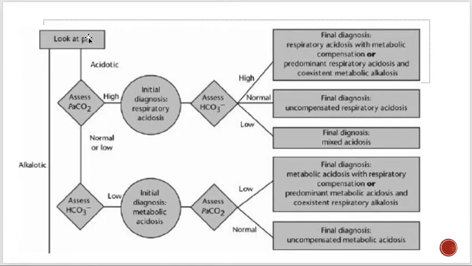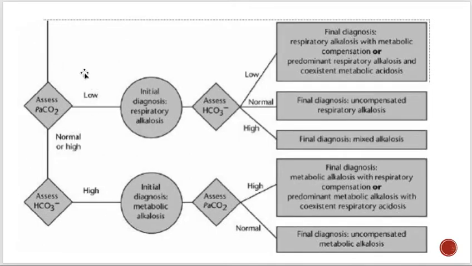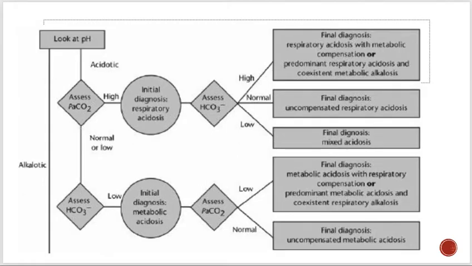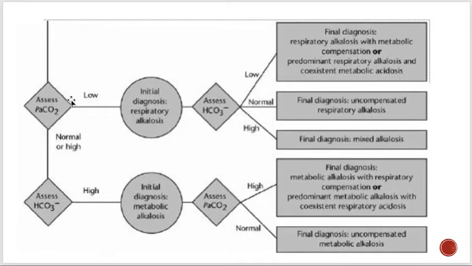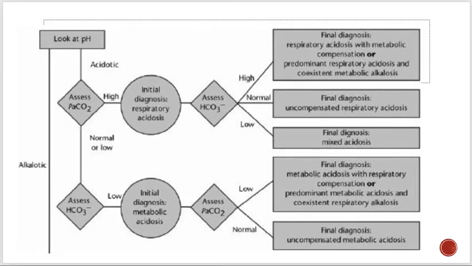If the pH is acidotic, you will go in this line. If the pH is alkalotic, you can go in this side. Basically, we always look for pH first, and whether it is acidotic or alkalotic, the second step is to look at the carbon dioxide level. So assess the carbon dioxide level.